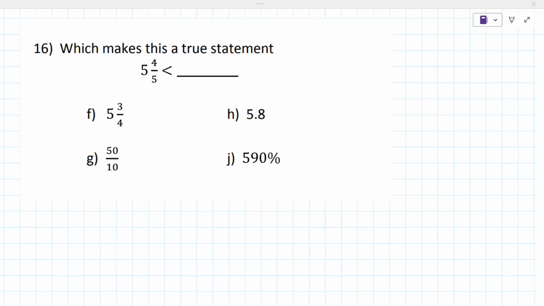Hmm. Would it be G? I'm not sure if that's true though.